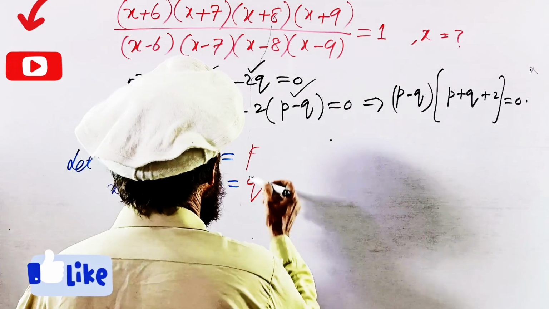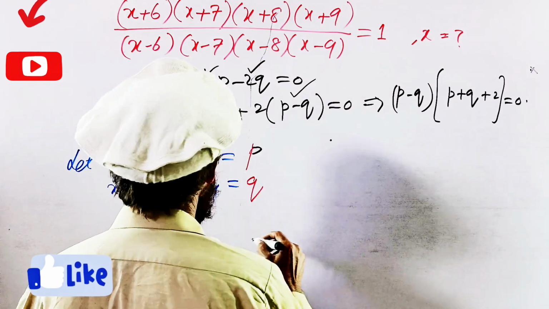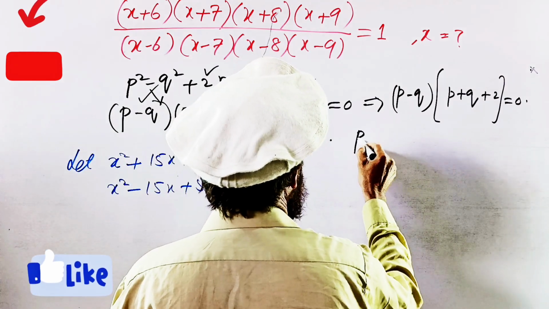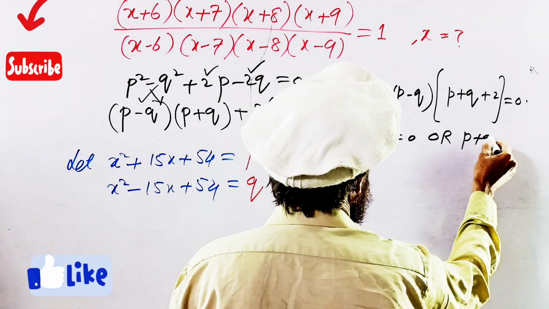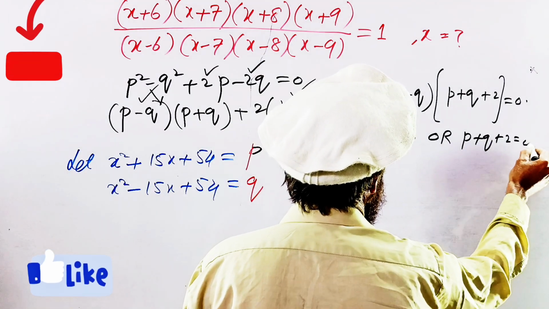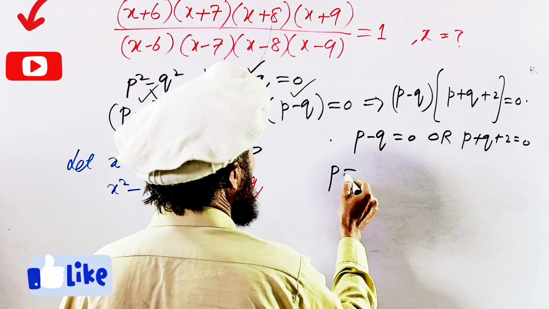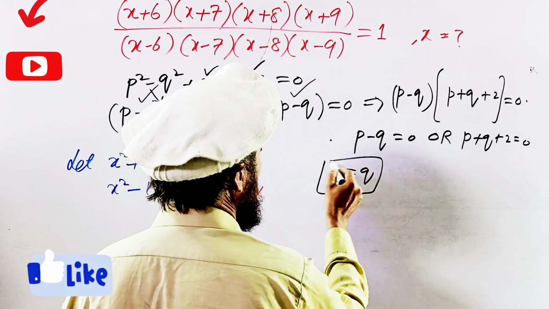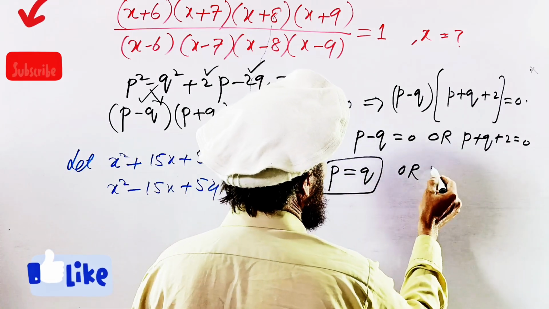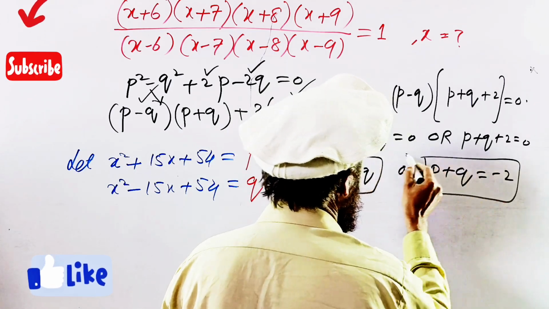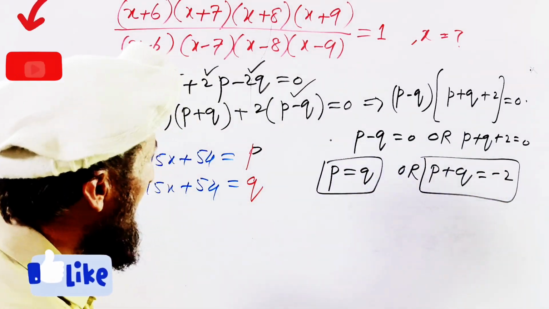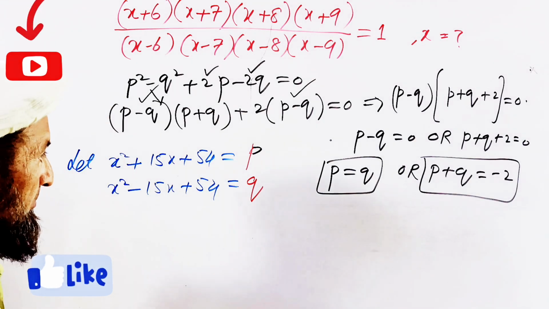It means that p minus q is equal to 0, or p plus q plus 2 is equal to 0. So p is equal to q from this equation, or p plus q is equal to minus 2. Now these two results we get here.